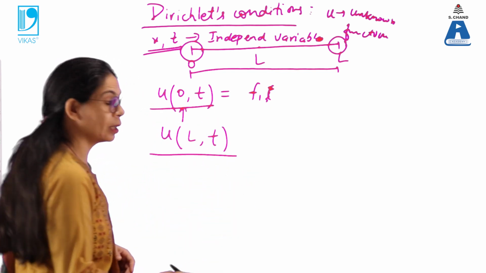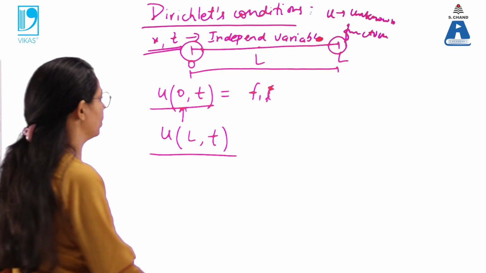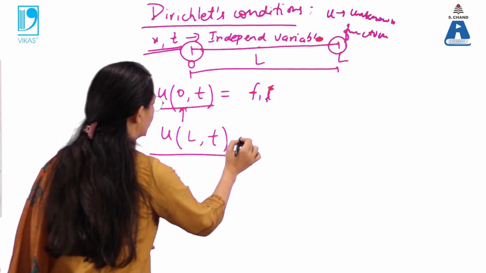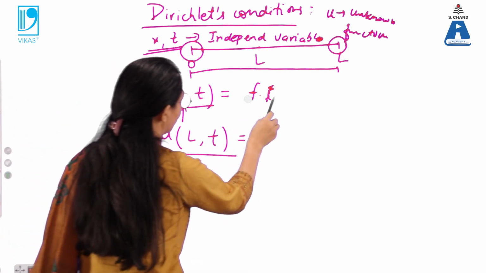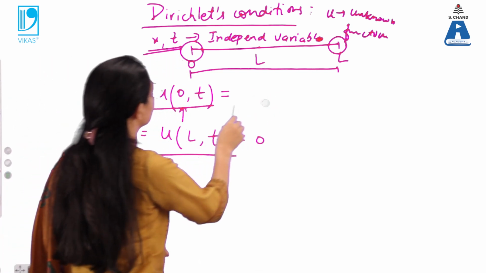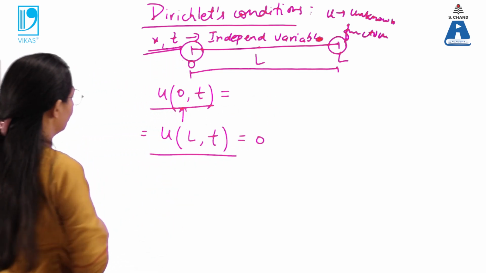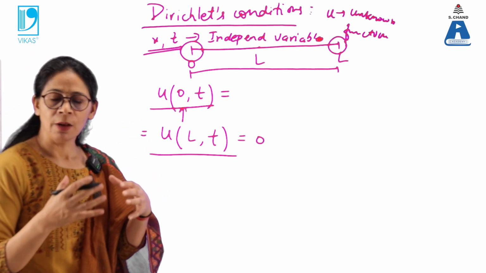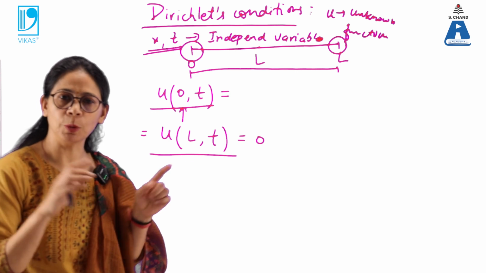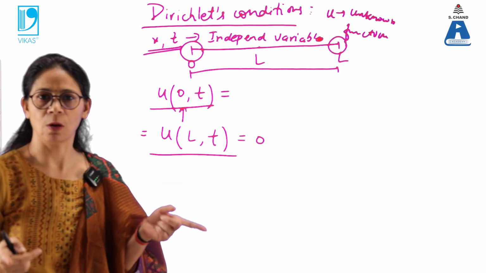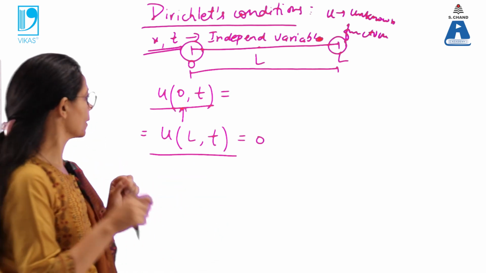The most convenient example is to take both equal to 0. This is the most convenient example we can take for a Dirichlet type of boundary condition. So it is clear that we are given the value of the unknown function at both ends, and that is why it is called Dirichlet type of boundary conditions.